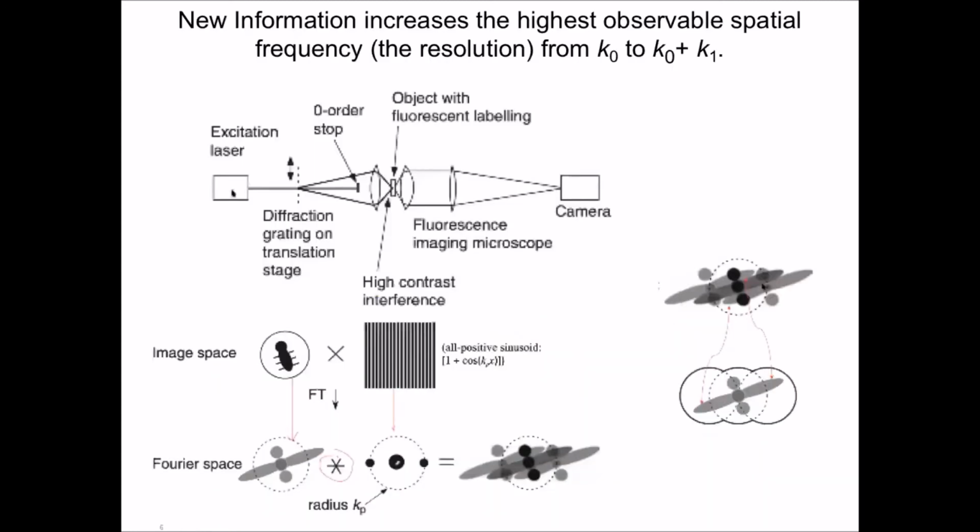So what does that mean? It means that you take a diffraction grating, you put it close to the sample and you illuminate it. The illuminated sample, which is fluorescent, with that diffraction grating, for example. Now, in image space, this is your image. But in Fourier space, this is what that sample looks like.